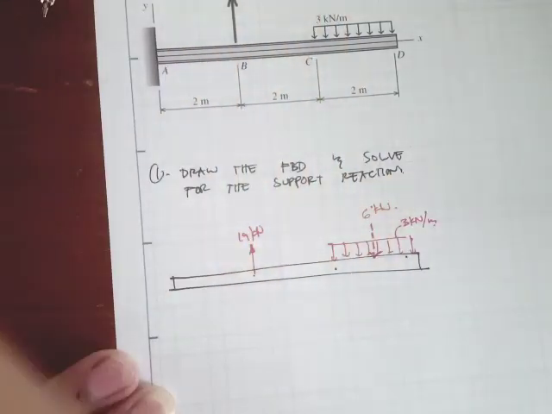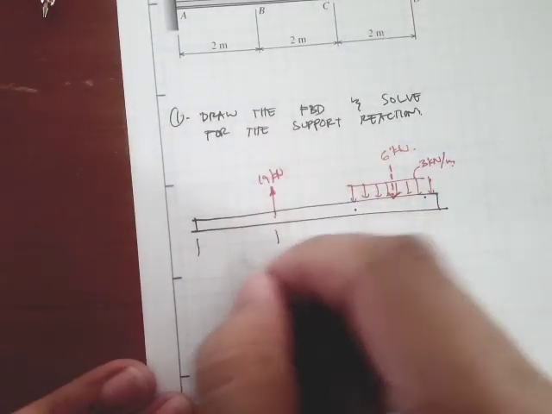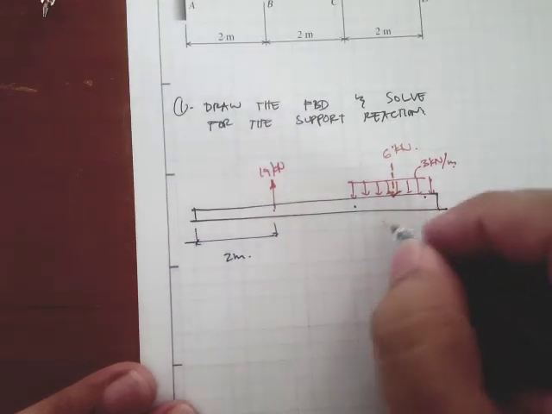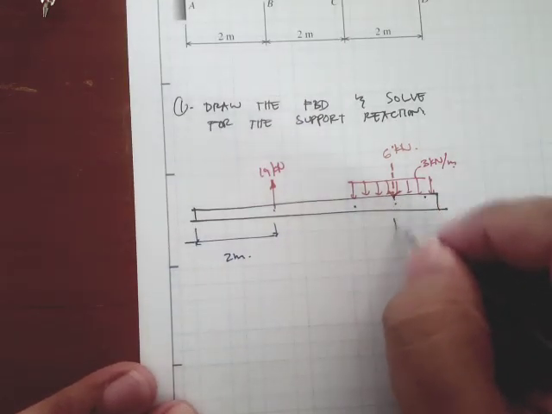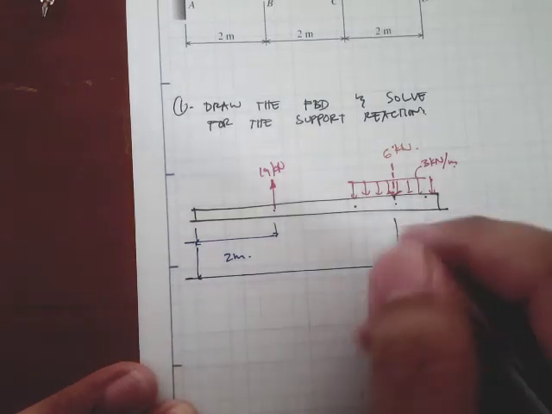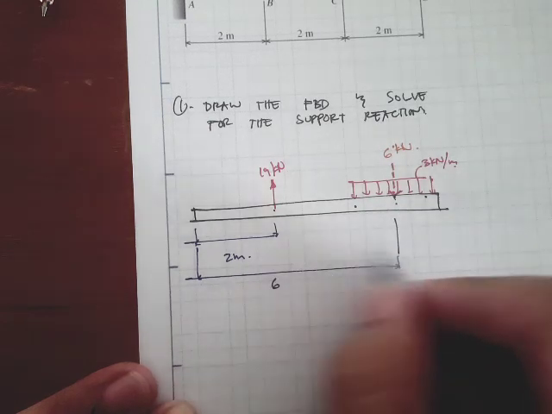Okay, so in terms of the distance, this one is 2 meters, and the distance right here, this is 2 plus 1.